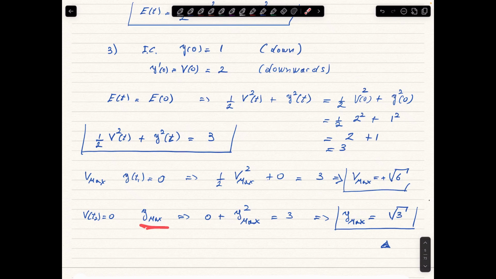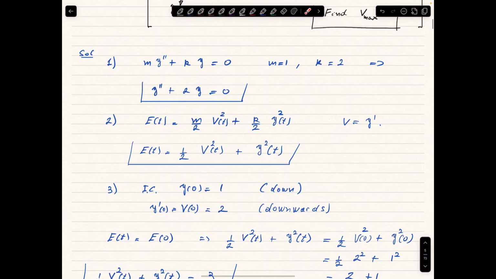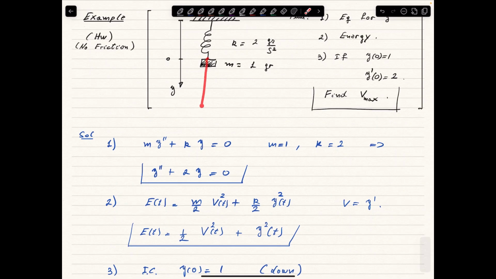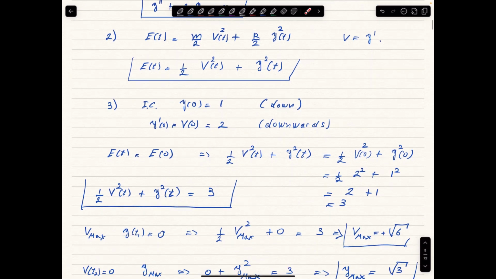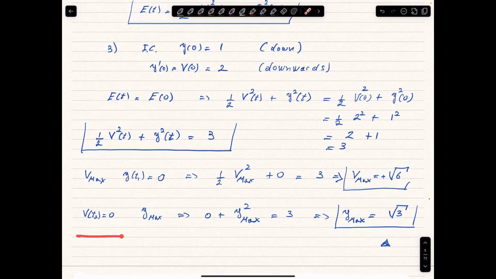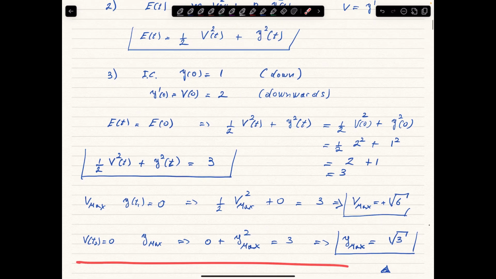And y maximum is when the velocity is 0, that is, the maximum elongation is when the spring is going down and then changing to going up. At that changing point, the velocity is 0. So there is the maximum displacement, y maximum. Everything is perfectly reasonable with our intuition. And now we can find the actual numbers by using the conservation of the mechanical energy.